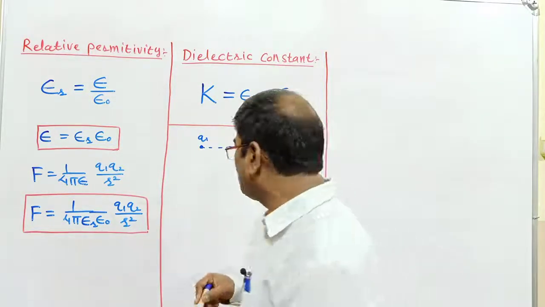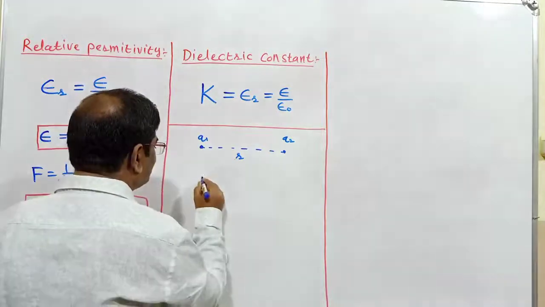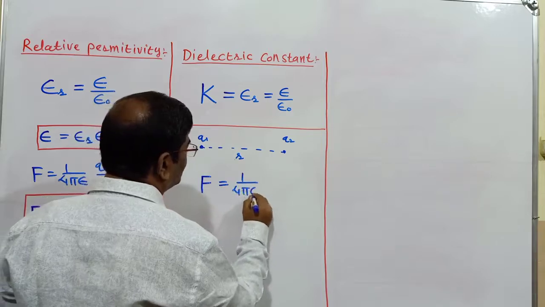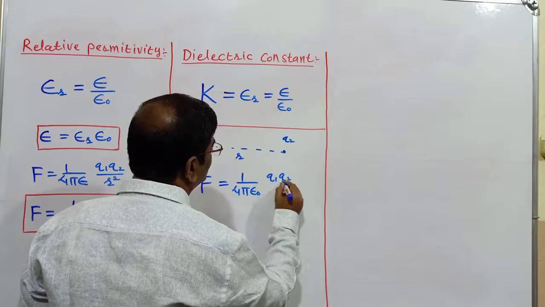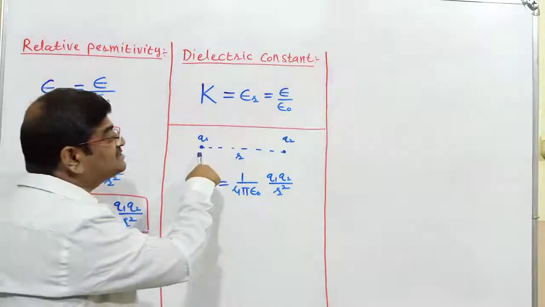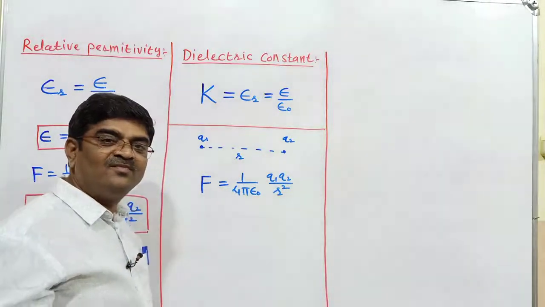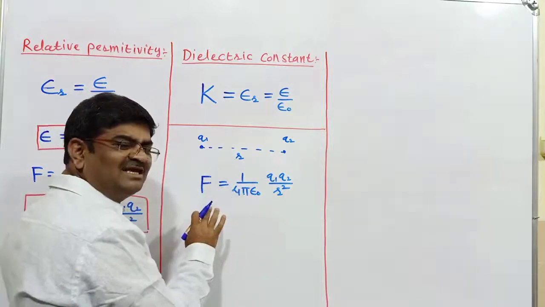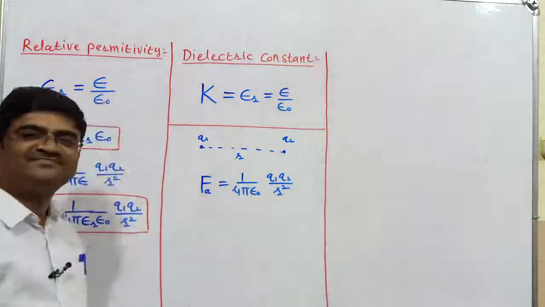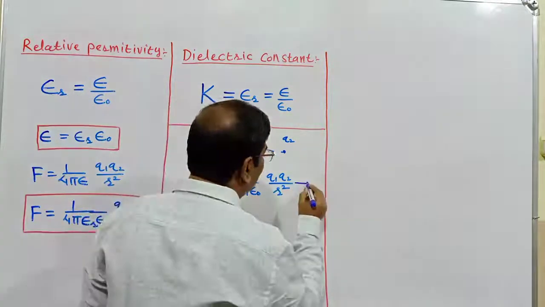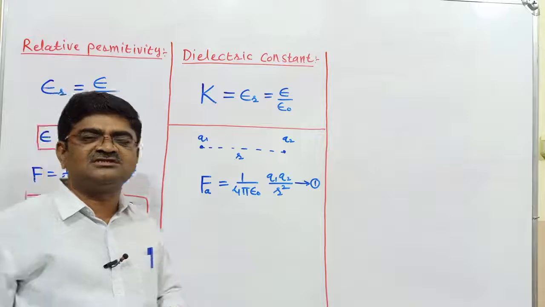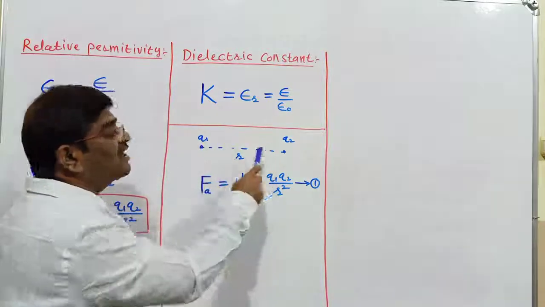And from Coulomb's law, the force between these 2 charges you can write as 1 upon 4 pi epsilon 0 q1 q2 by r square. So for the charges being in air or vacuum, I have the force between those two charges given by this. I will specify this by the subscript A. So this is the equation representing the force between the given two charges at a given separation in air or vacuum.